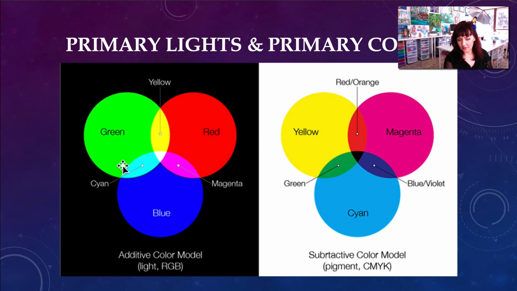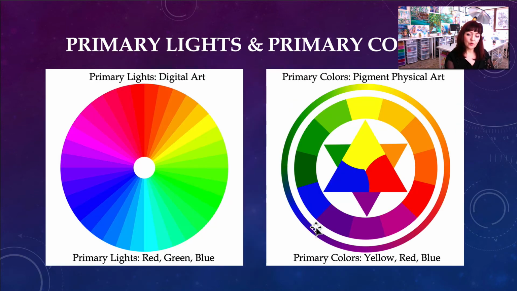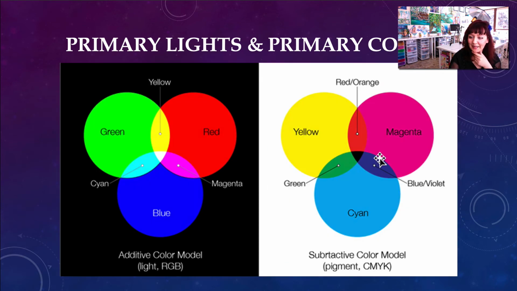This slide is also about primary lights and colors, which I just described. So this is clearly telling you different lights, different pigments, or, oh, I just jumped back. There you go, or three primary colors. So I included this slide because some of you may want to print your work, whether you paint your original piece or take a photograph. At some point you might want to use the printer to print them.